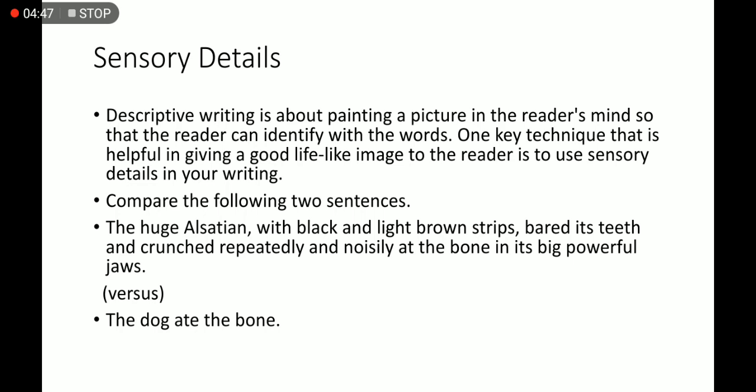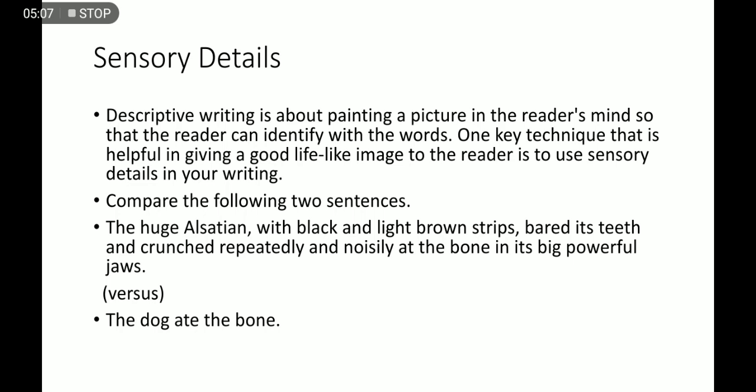Now, if you compare the sentence with the second sentence, which simply says the dog ate the bone, then you can see that the second sentence practically communicates the same information, but it does not contain the relevant sensory details in it.